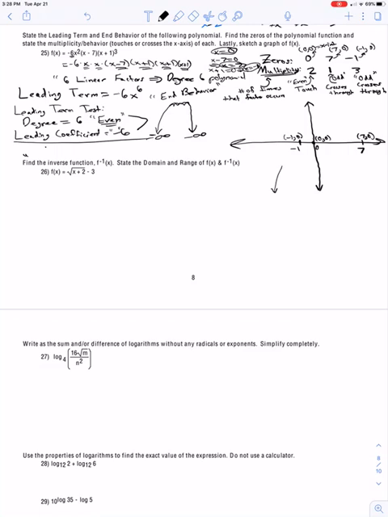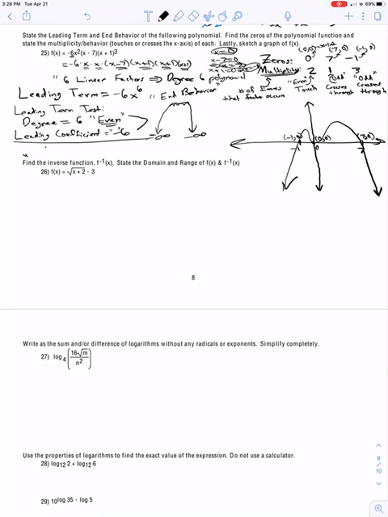Now what happens at negative 1? It's going to cross through at negative 1. So when you draw on your graph, we're coming from negative infinity, it's going to cross through that, but then it's going to come back down because we have a zero at 0. And here's the difference now. It touches here and doesn't go through it because it had an even multiplicity. And then it comes back down over here at 7 and crosses through.